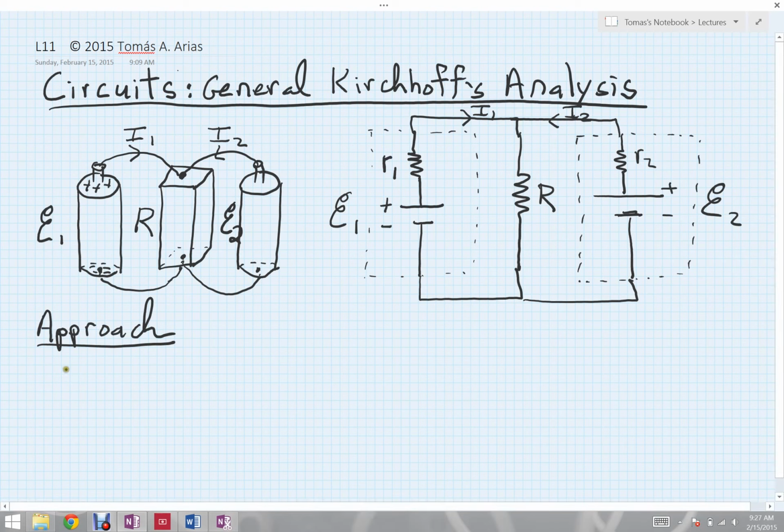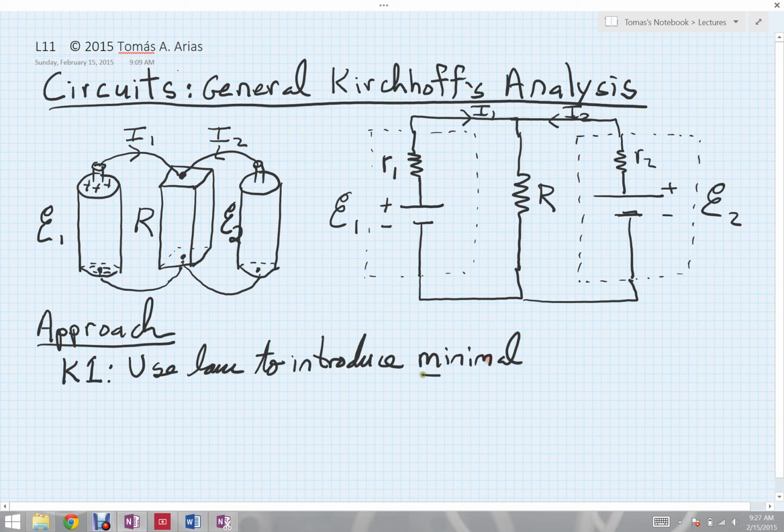The first part deals with Kirchhoff's first law, the junction law. I'm going to use this law to introduce some unknowns, the unknown currents, but the key is that it's going to be the minimal number of unknown currents.